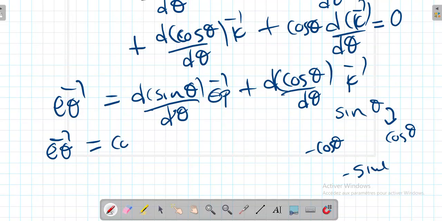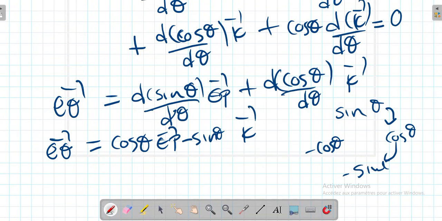So here you just say cos theta E rho. And what's the derivative of cos theta? You go down, negative. So it's going to be negative sine theta in the direction of k. Therefore, from ER, you found what your E theta is. This is another important thing to find.